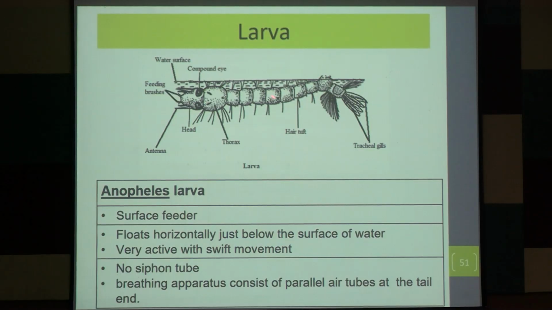For the larva, you have to remember this specific feature. Usually for Aedes, the larva has a siphon, head down. For Culex also it is a similar type, but Anopheles larvae usually lie just under the water surface. It seems the tentacles are attached to the water level. Okay, they are stuck to the water level.